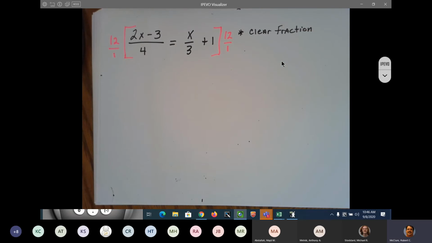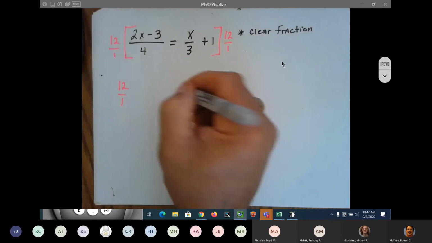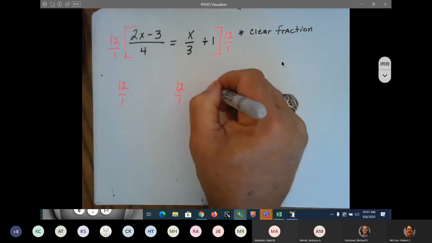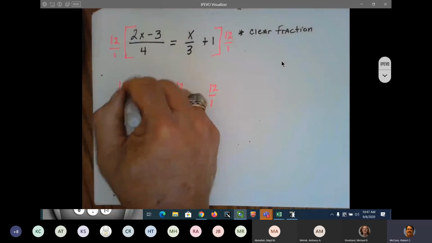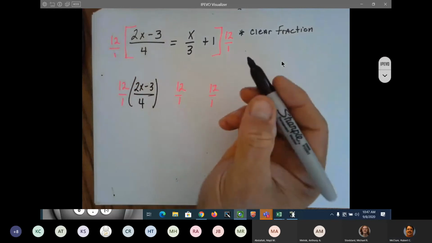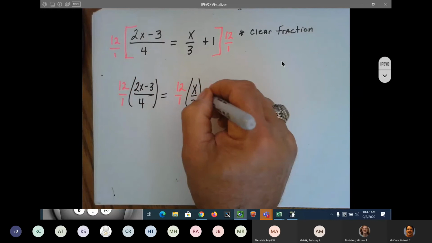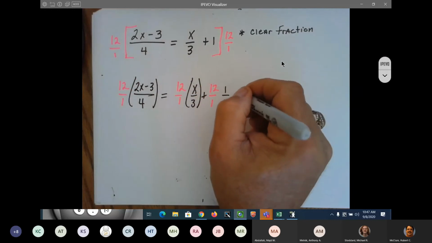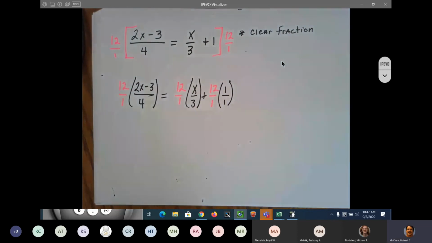Now I'm going to put a baby step in here for you. And now you can just do your algebra. 12 divided by 4 is 3.